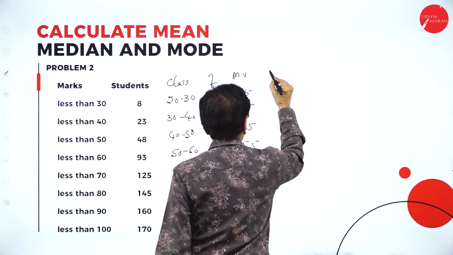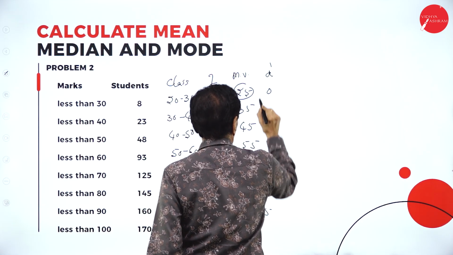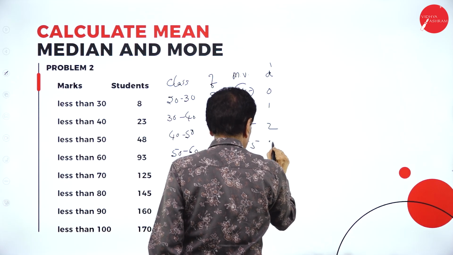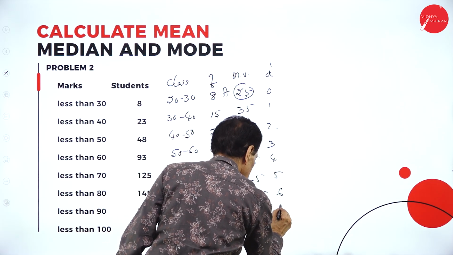Then for the next step, D dash: first number as 0, 1, 2, 3, 4, 5, 6, 7.